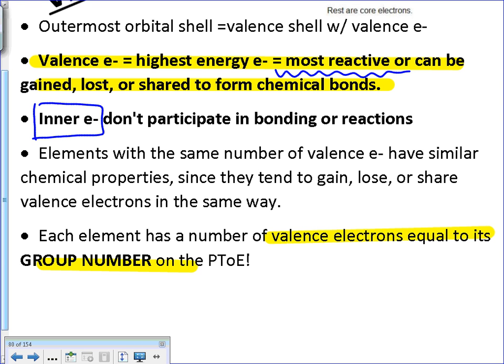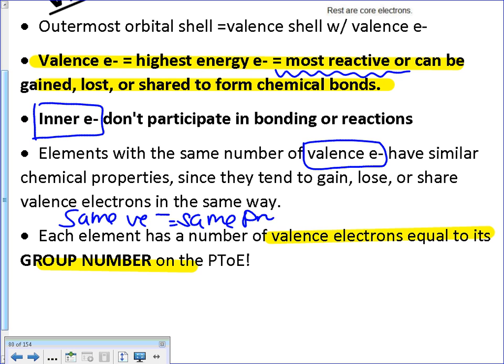On the very first periodic table that you colored, you wrote down some facts about the groups, like alkaline earth, alkaline metals, halogens, and those were properties of that group. But now we know that those groups have the same valence numbers. So basically this means same valence electrons means same properties.